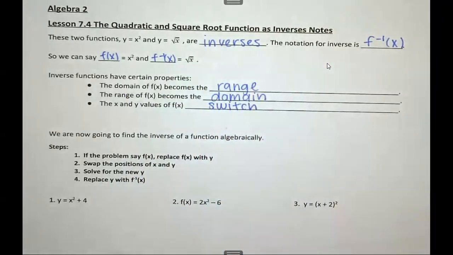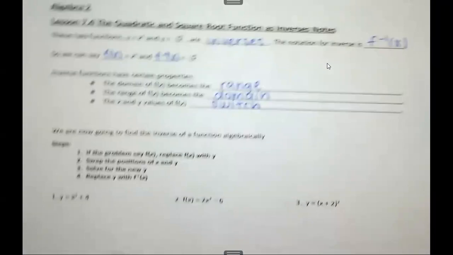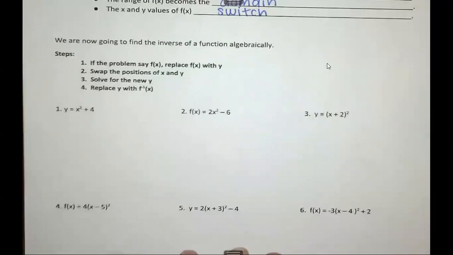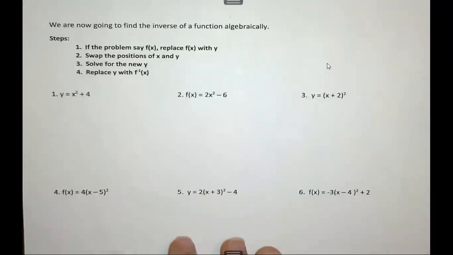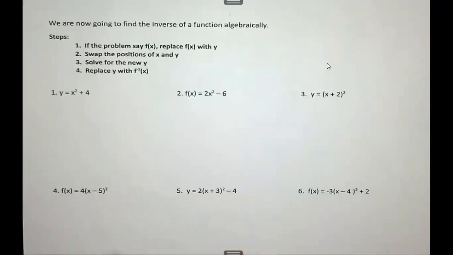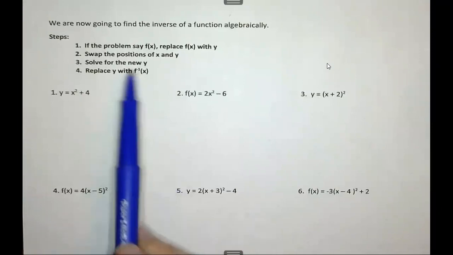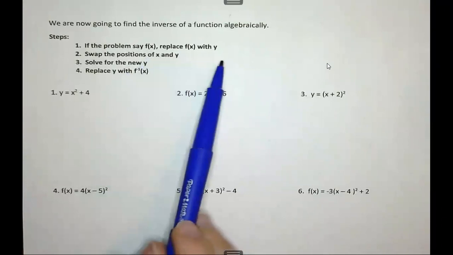All right, so we will now find the inverse of a given function. Before, we were given two functions and determining if those were inverses of each other, so we had one to plug into the other. Here, we are just given one function, and we will determine what its inverse is. Our first step is always to replace f of x with y.